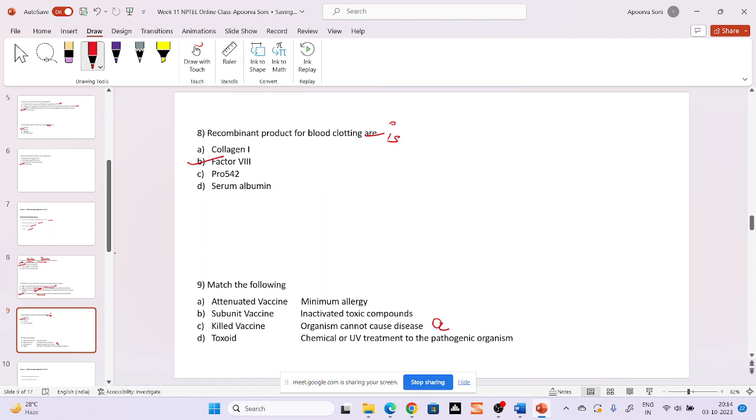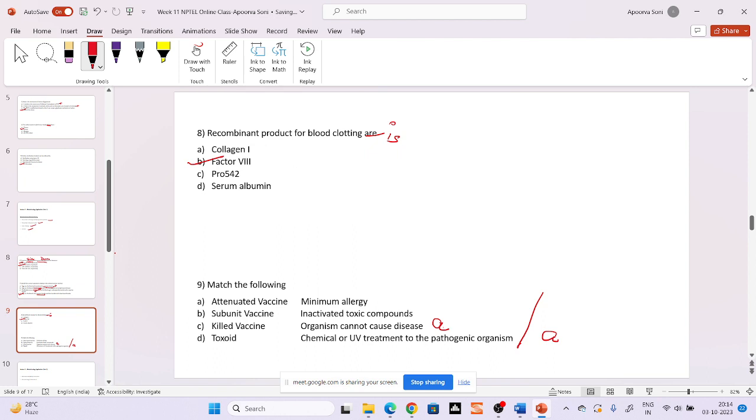Ma'am, for attenuated, it should be chemical or UV treatment to the pathogenic organism. Okay, I'm not saying it is right or not, but I have two options for A. So you only told this option, or some other student has told this option? Ma'am, me only. Okay, so we have just one here, A.